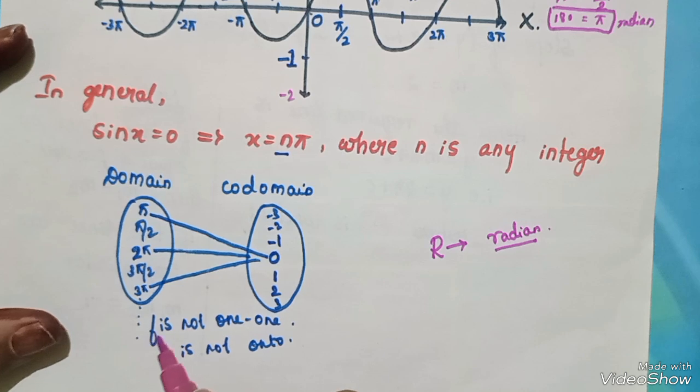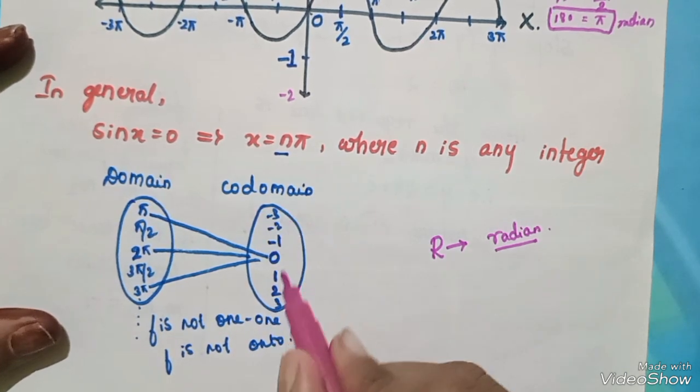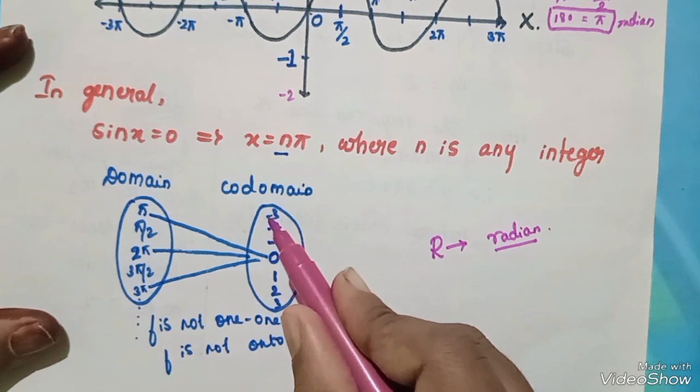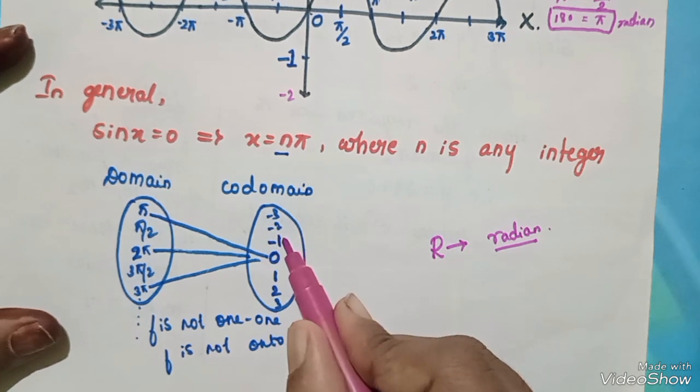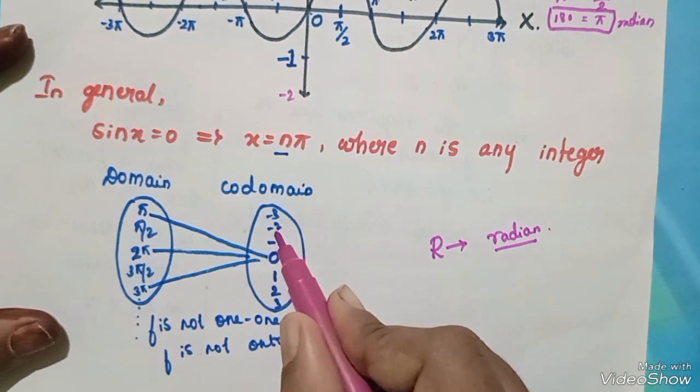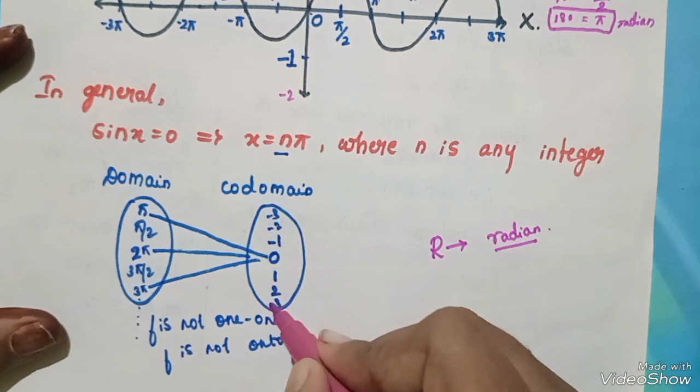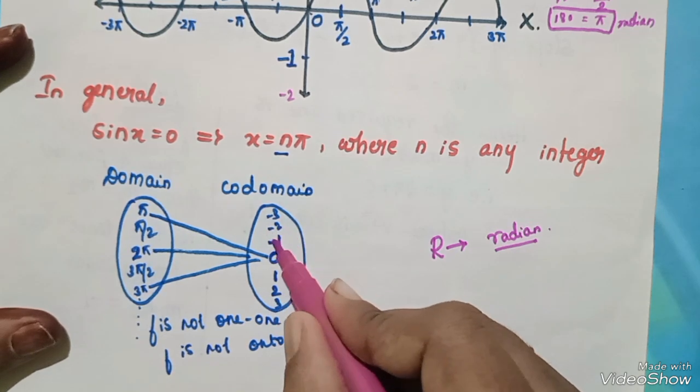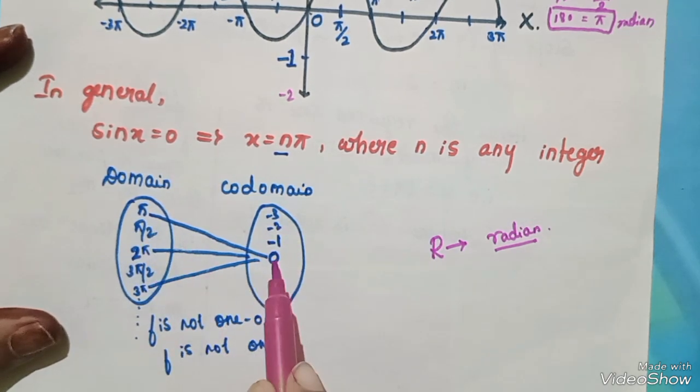Hence we say f is not one-one. The codomain also has the real numbers. For pi we get 0.